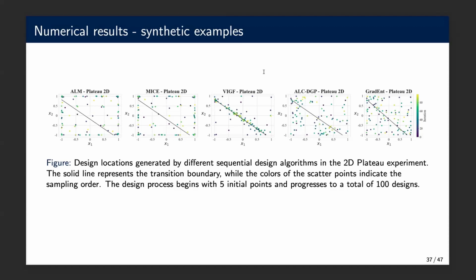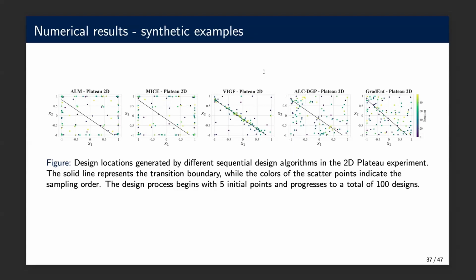For the first two, because they are uncertainty-dependent metrics that want to minimize uncertainty, they put lots of points around the boundaries and do not effectively explore the true region we're interested in. But VIGF captures the variation, but puts too many points along the variation and shows some concentration behavior. That also happens for ALC DGP.